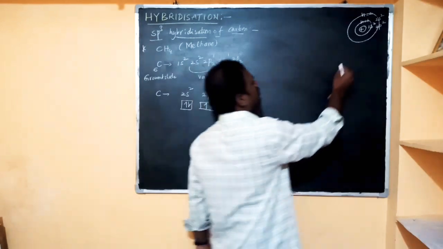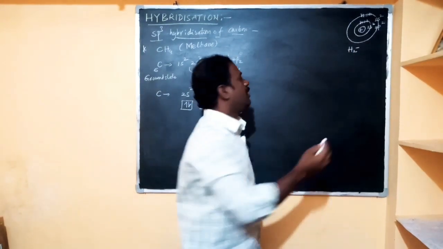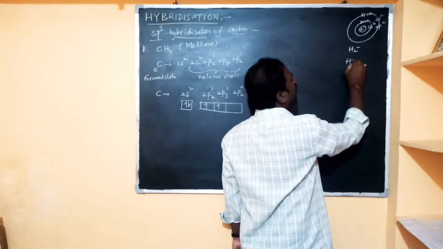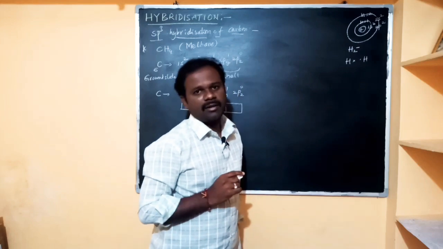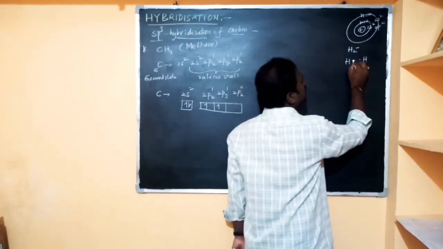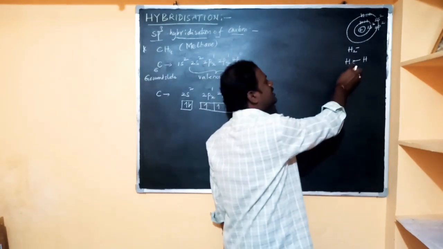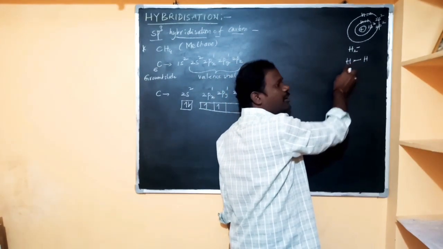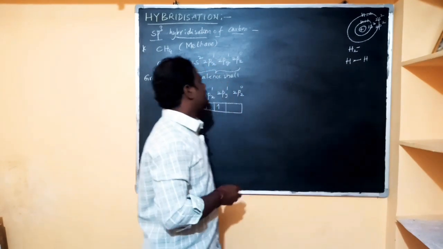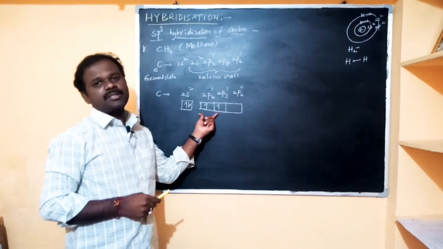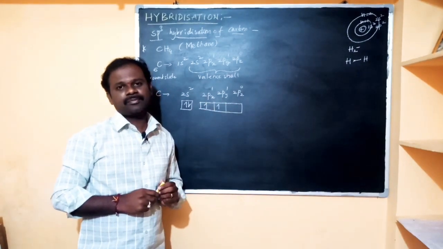In a hydrogen molecule, each hydrogen donates 1 electron for bond formation, so the H2 molecule forms by each hydrogen atom's electron participating in the bond. Like that, the number of unpaired electrons is the criterion for bond formation.